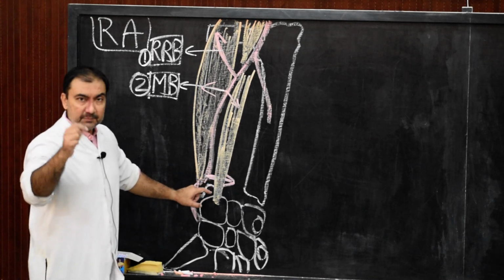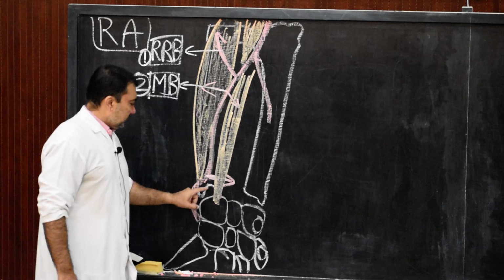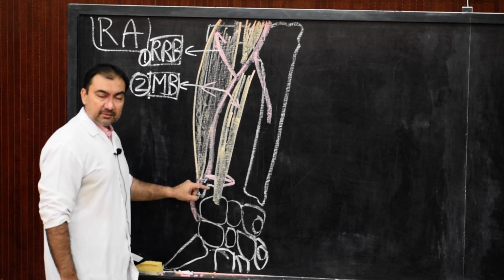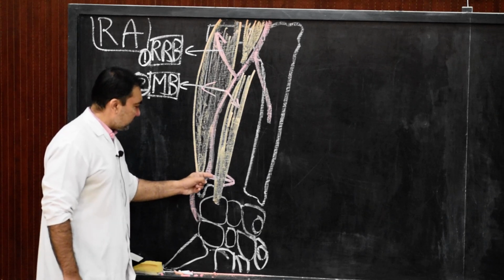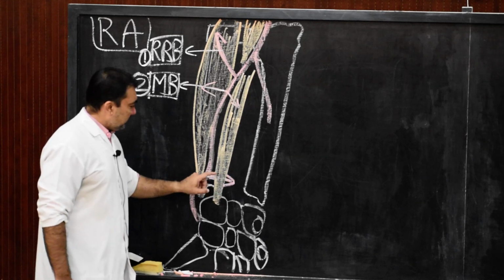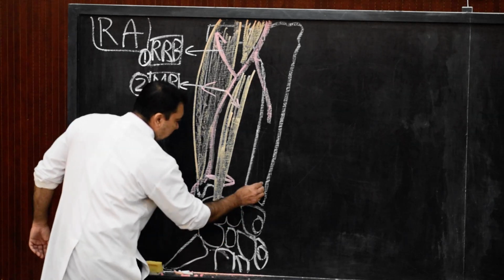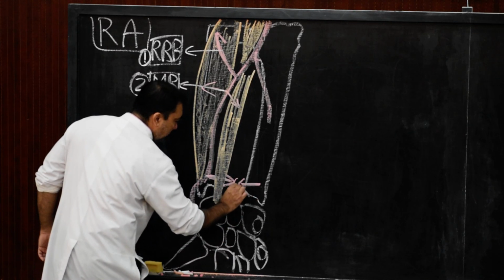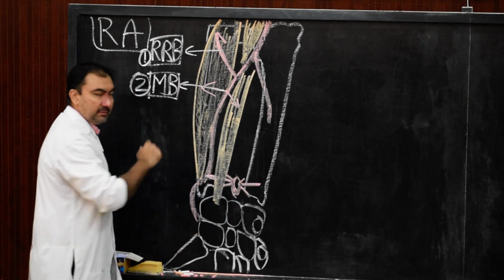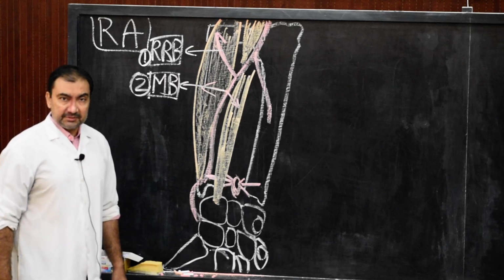Once again I'll repeat, third branch, palmar carpal branch, will be given at the distal end, just above the distal end of the radius, above the carpus, and this branch will traverse transversely, medially, and behind the long flexor tendons, where it will meet a similar branch from the ulnar artery to form this anastomosis, which is called the palmar carpal anastomosis.